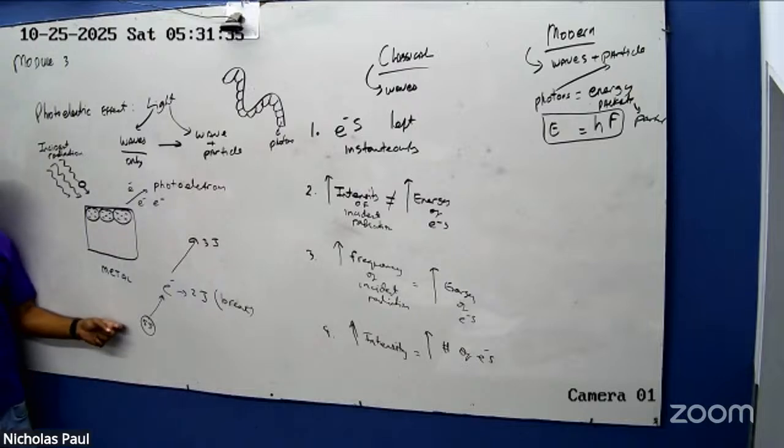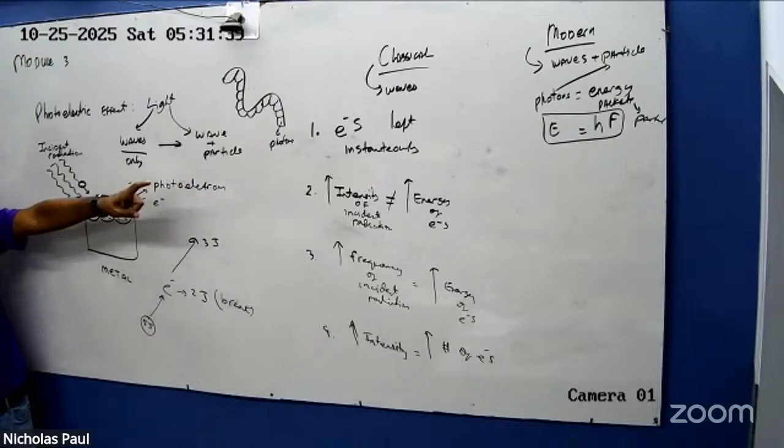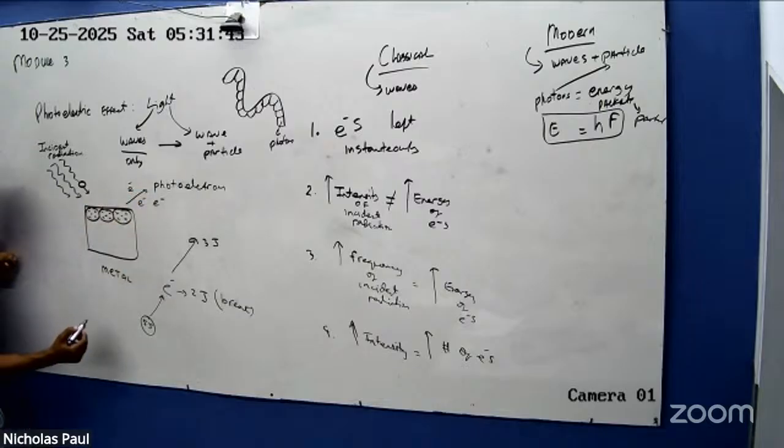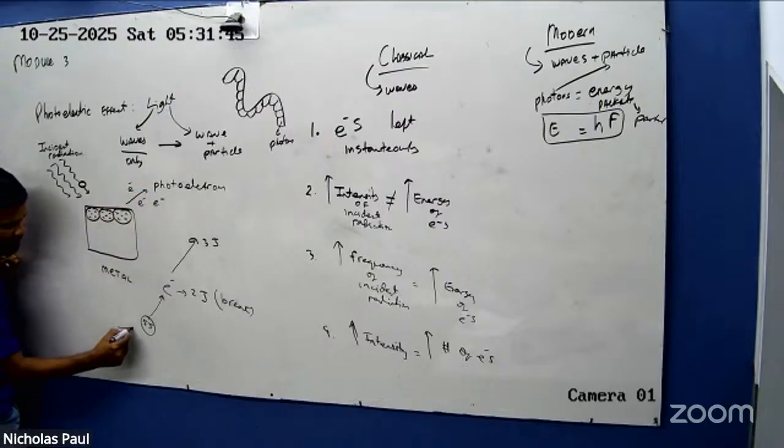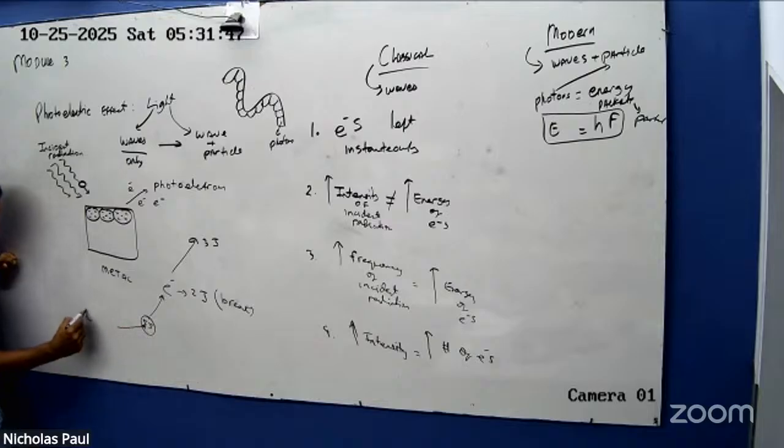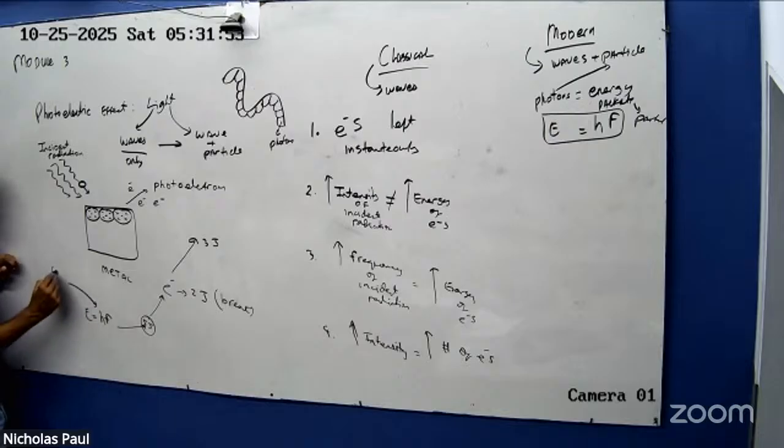Now, how do I increase the energy? What did I tell you that E is equal to? E is equal to hf. I know you all don't know what h is, but h is a constant. It's called the Planck constant.